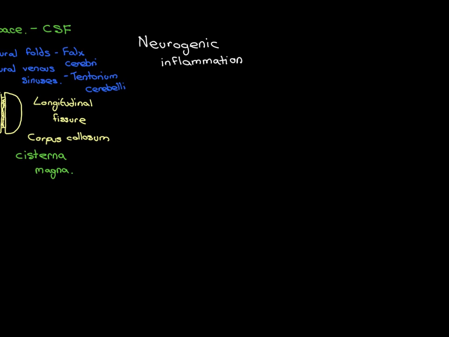So, if the meningeal nociceptors become activated, what should that actually mean? That should mean that there is a big problem. The meningeal nociceptors should not become activated. This is not a normal pain coming from the meningeal nociceptors. This is something very bad, most likely, because the meninges are not a peripheral tissue.